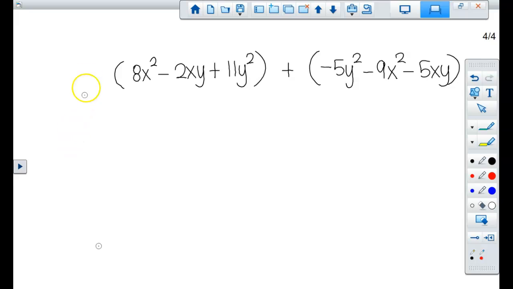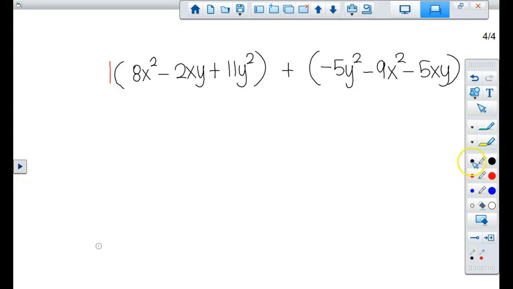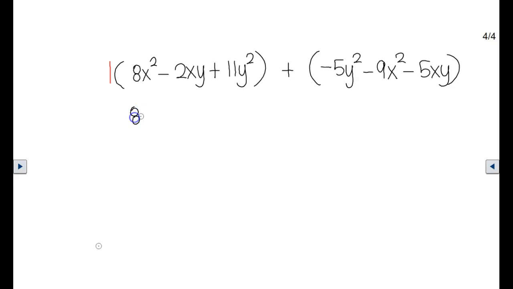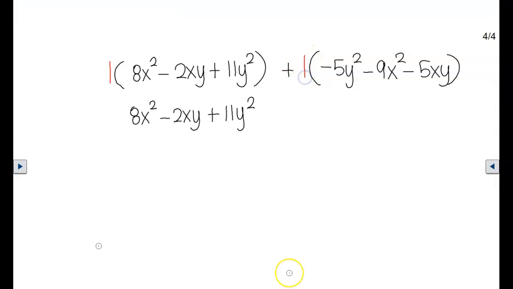All right, I'm going to unwrap first. So in front of this set of parentheses, I have a 1 that I will distribute to all three terms. So 1 times 8x squared, 1 times negative 2xy, 1 times 11y squared. So notice not one thing about that trinomial changes. All right, second set of parentheses again, right here in front of the parentheses, I have a 1.